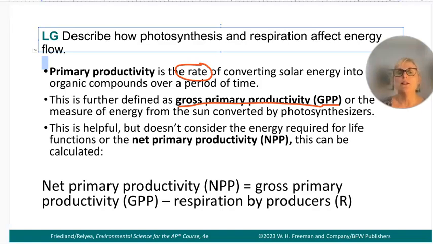But photosynthesizers also do cellular respiration, so they use some, and we end up with our net that's available to everything else, all the consumers that want to eat the plants. So NPP is equal to gross primary productivity minus the respiration by the producers themselves, because they use some of that energy as well.